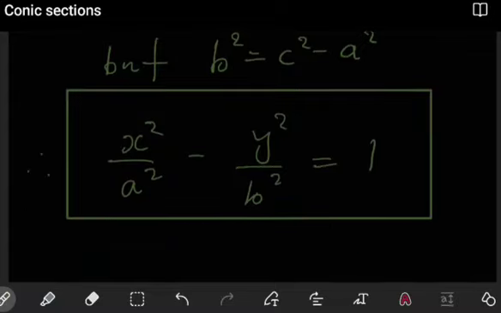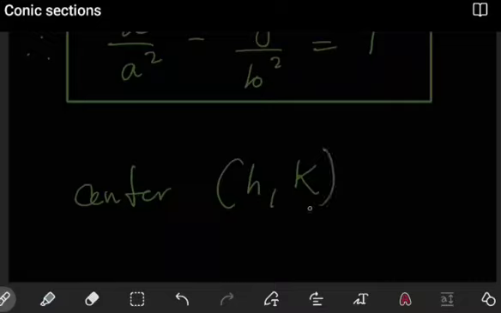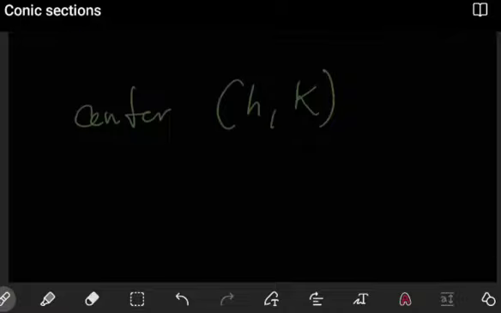But what if it wasn't centered at the origin? What if it was centered somewhere else, at a general point, let's say h, k? Well, if you remember the general formula for one centered at the origin, you just have to modify it a little bit.